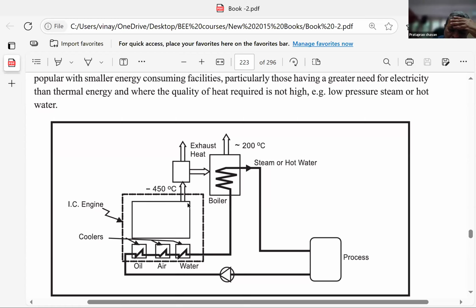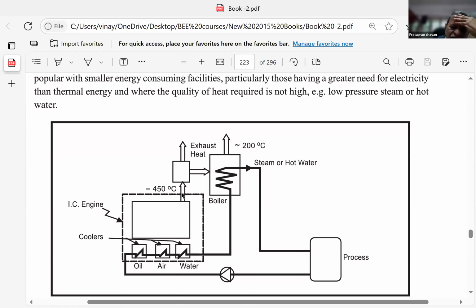So you used to have one oil cooler, one air cooler, a water cooler for the jacket, three types of cooler. This oil cooler is for the lubricating oil cooling. Another is for the air which is fed into the IC engine, and this water is taking out the heat from the jacket. Three coolers. The exhaust of the IC engine is again 450.